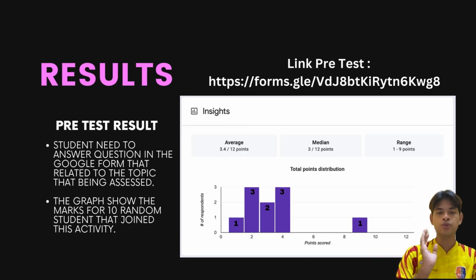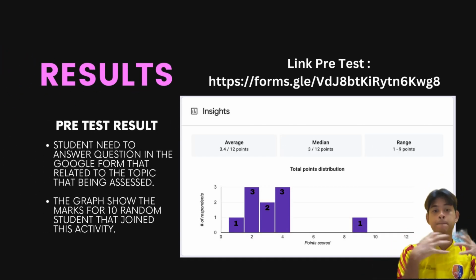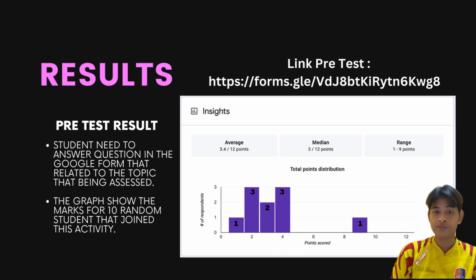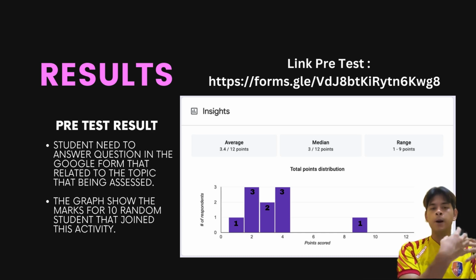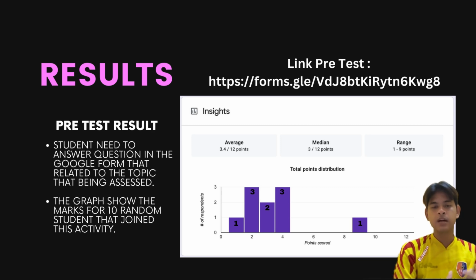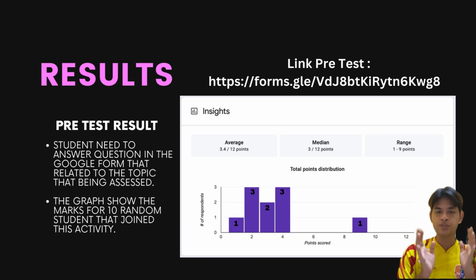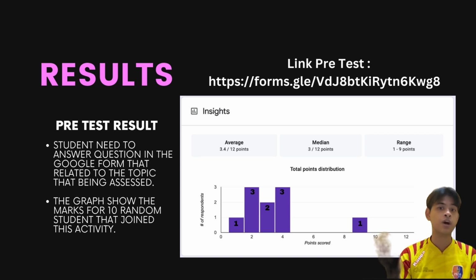So how does this kit impact the students? Based on the pre-test that we gave before we started our project, we can see that most of the students that we picked randomly scored at the highest a 4, and we had only one student that scored 9 out of 10 questions.